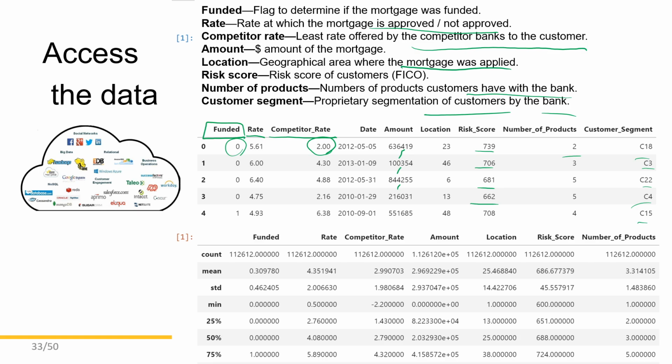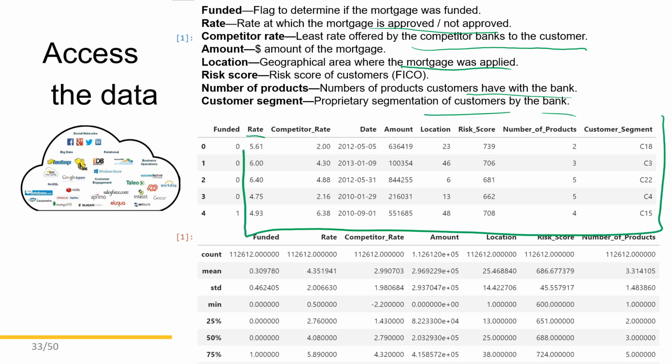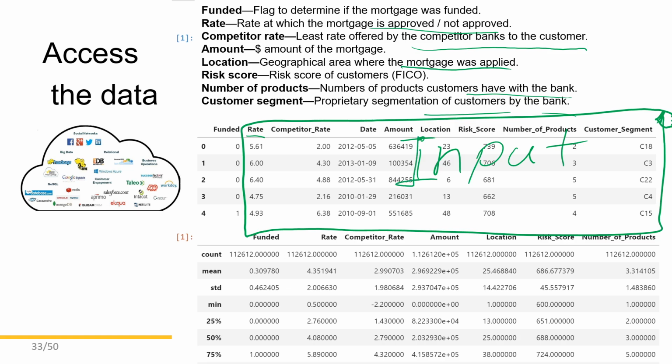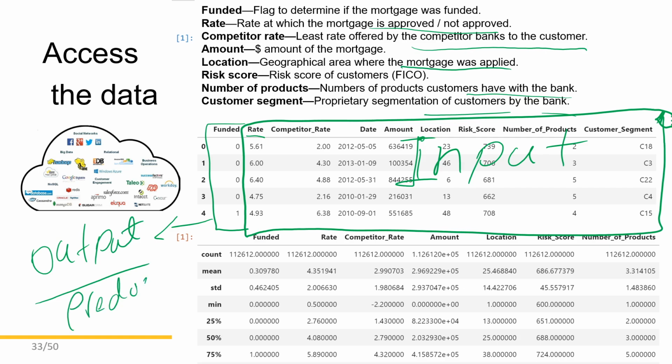So what we want to do is use this data, like some of this data that is provided to us, other than the funded. So I guess this information will be the input to your program and your model, and this is the output that we want to predict.